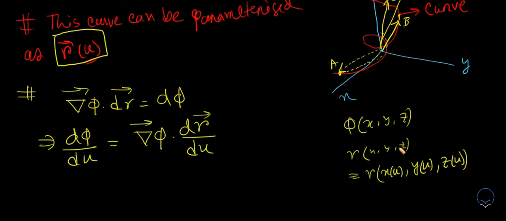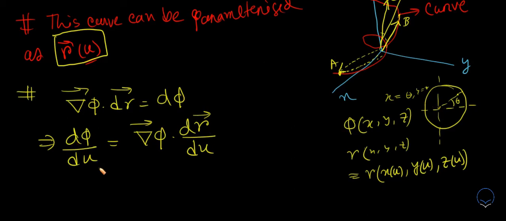A very simple example is the circle. If you draw a circle, obviously this is a function of x and y, but you can introduce a theta parameter and you can express x in terms of theta and y in terms of theta, right? Obviously same thing goes for a sphere as well. So that's the motivation behind taking this derivative over here.